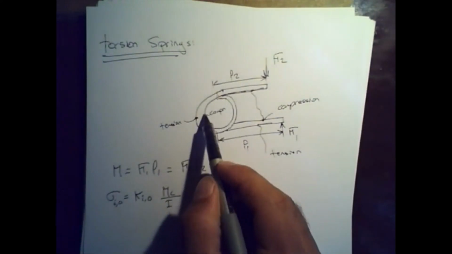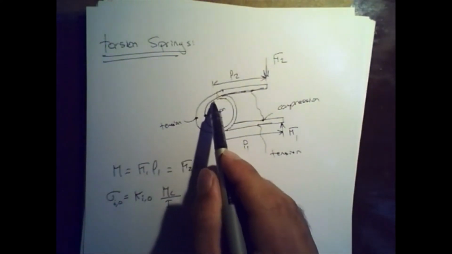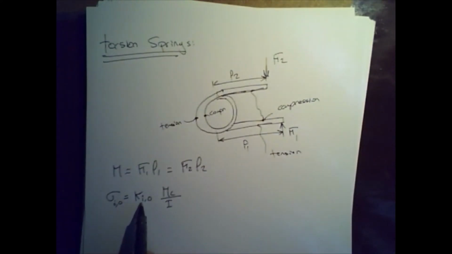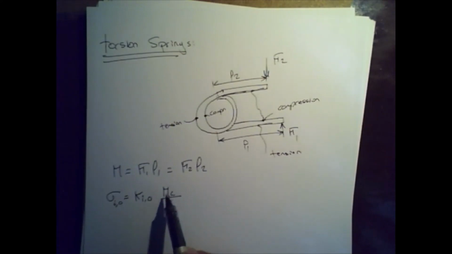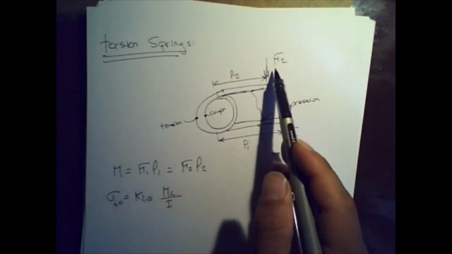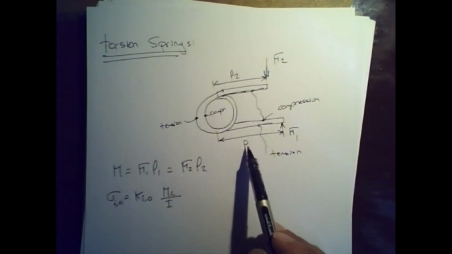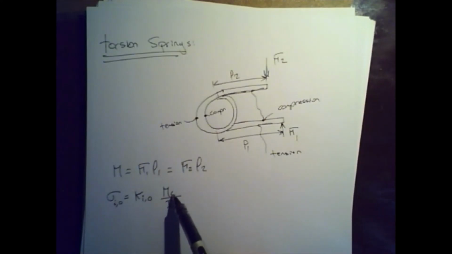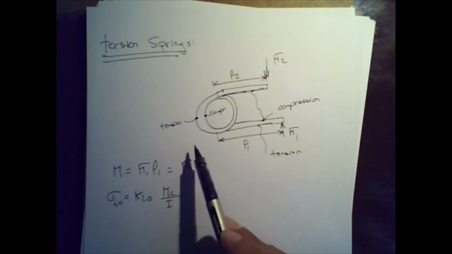So for the stress anywhere on the inner side of the wire, you use Ki, and on the outside, you use Ko. In Mc over I, M is the moment inside the wire, which is either F2 times L2 or F1 times L1. We know c is the distance from the neutral axis to the surface.